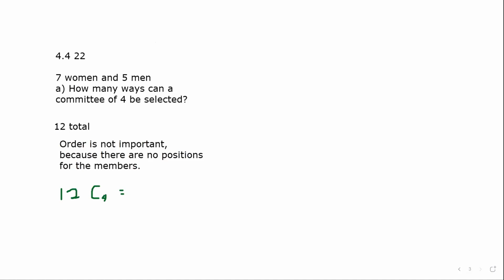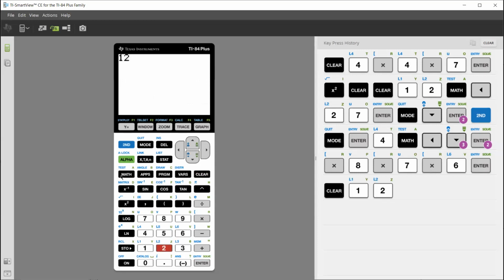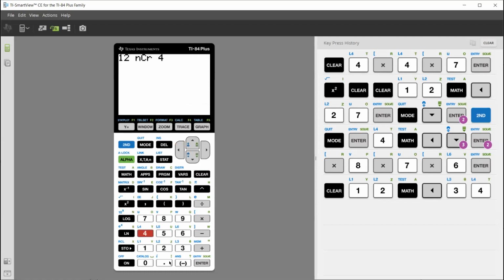Let's go to the calculator. And we have 12, math, probability, nCr 4. Enter. 495 ways. 495 ways to choose that committee.